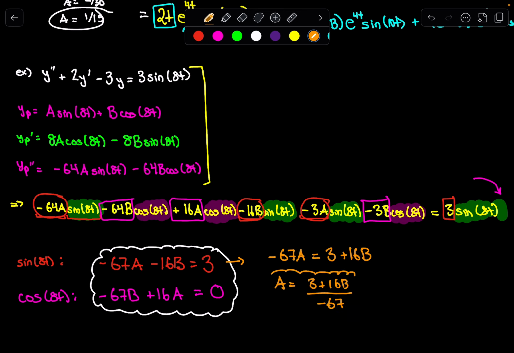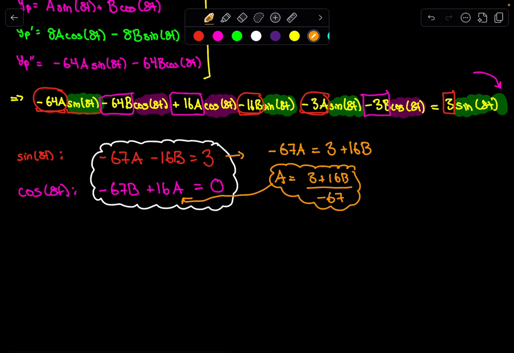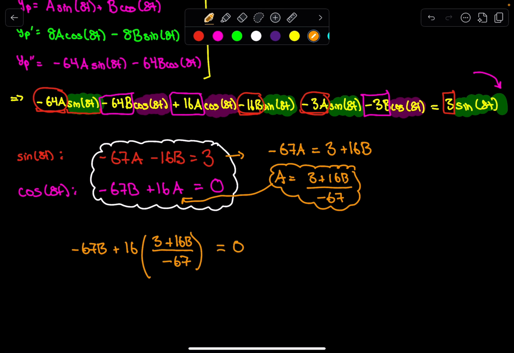And then how does this help me? I can plug it back in to the second equation. My second equation is now going to be negative 67b plus 16 multiplied by 3 plus 16b over negative 67, and that should equal 0.